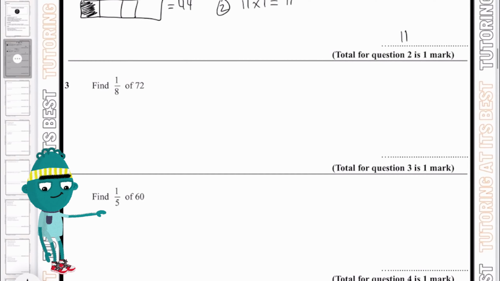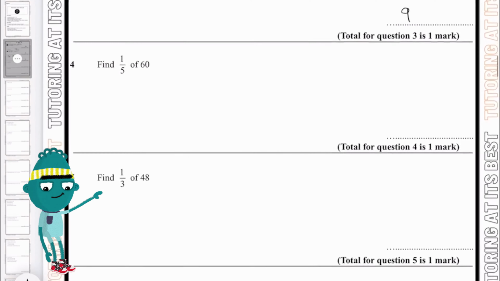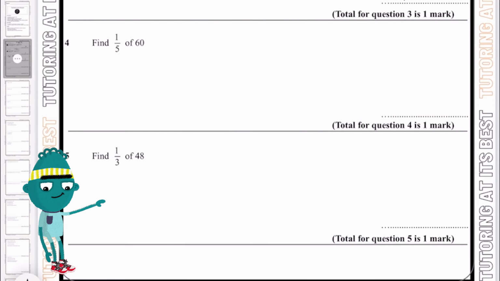Likewise, question number 3. I hope you guys have got the hang of it already. We simply divide 72 by the denominator, which gives us 9. And then multiply 9 by 1. And there we are. That will be 9. Again, these are self-explanatory now. The two-step method is where you divide the whole number by the denominator and then times it by the numerator.